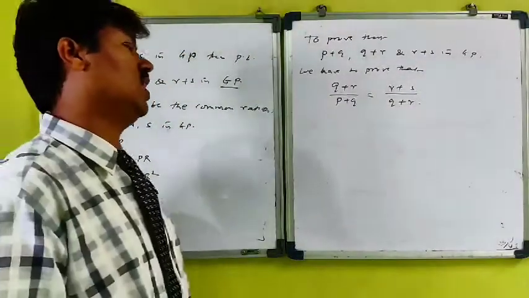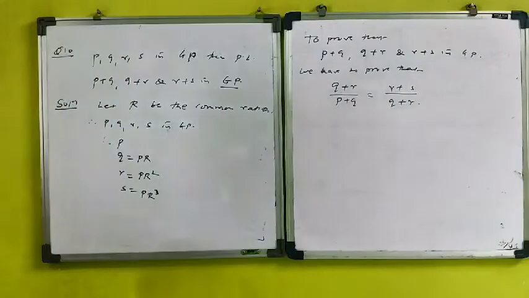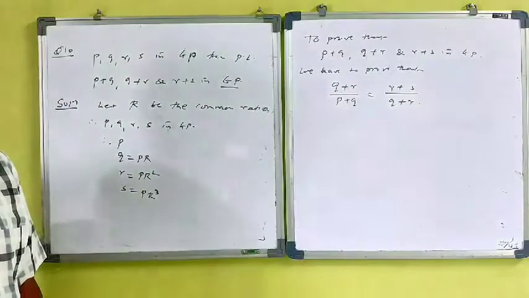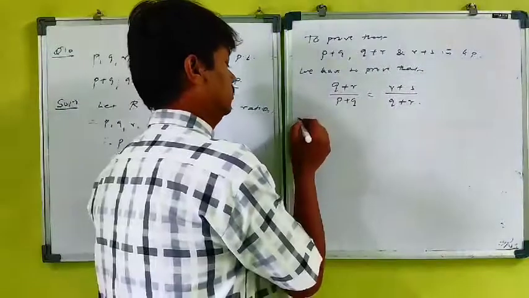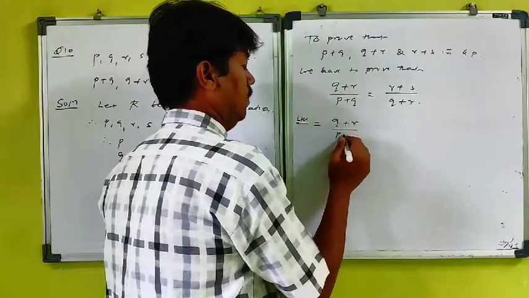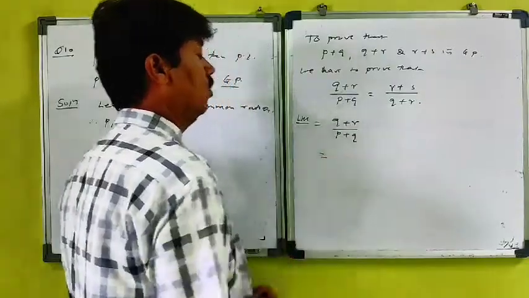We can start with the left hand side and then we can easily prove it. So LHS is Q plus R upon P plus Q, which is equal to what?